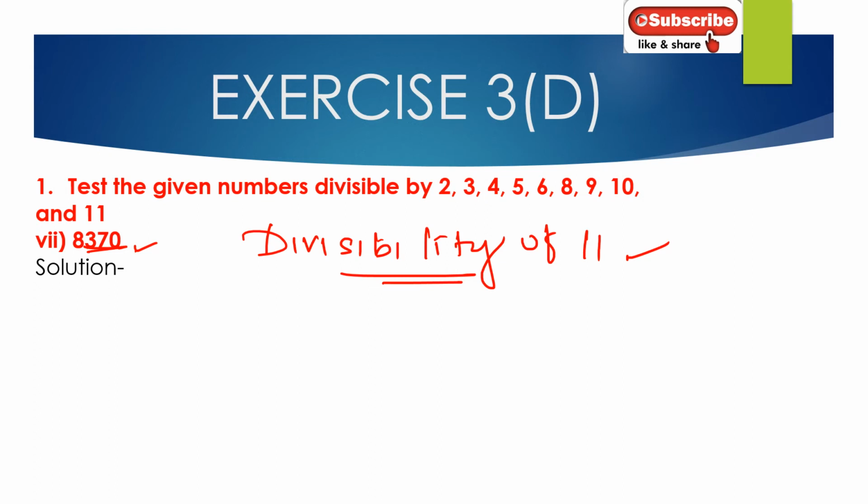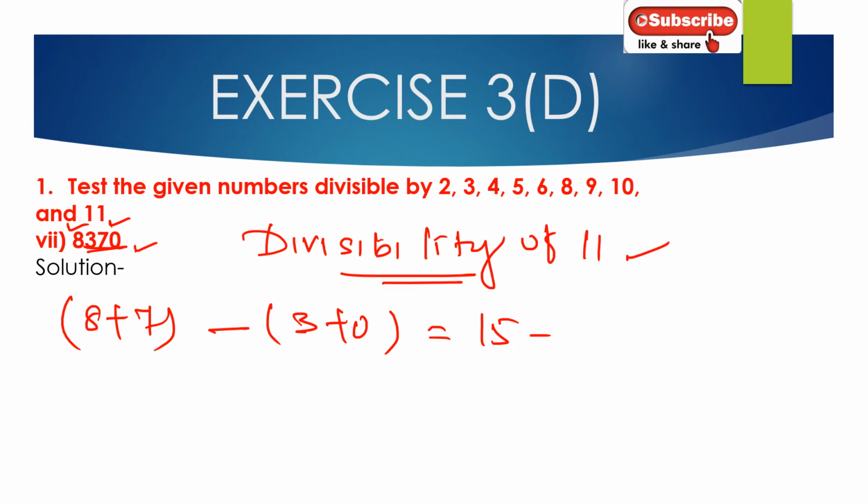Here the sum of digits at odd place is 8 plus 7, and the sum of the digits at even place is 3 plus 0. 8 plus 7 is 15 and 3 plus 0 is 3. 15 minus 3 is 12 and 12 is not divisible by 11.